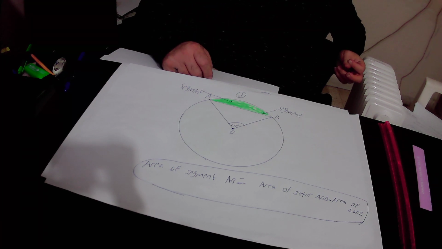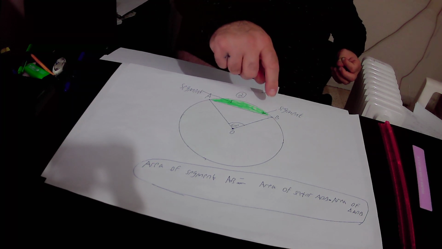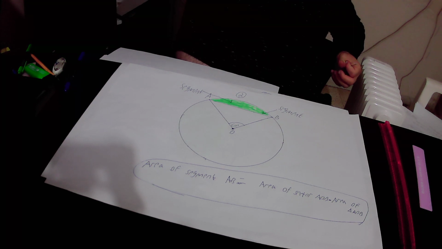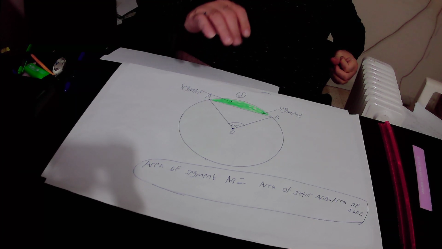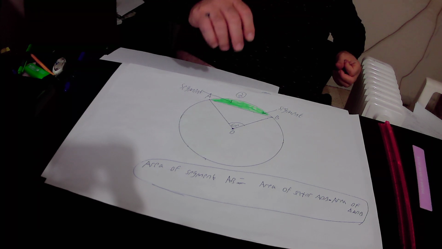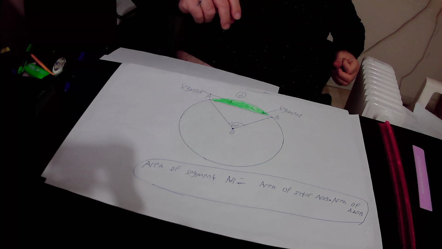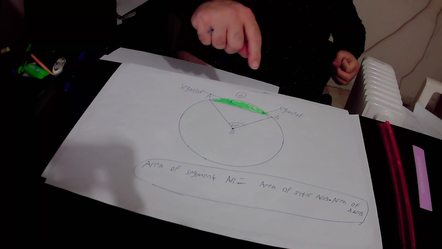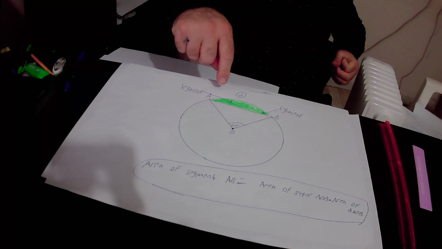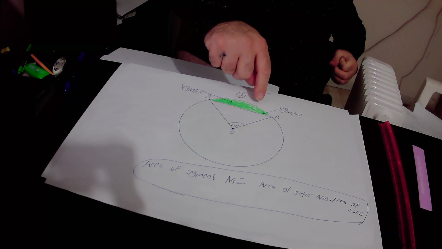And the formula for the area of a segment is equal to the area of sector AOB minus the area of triangle AOB. You can see easily that if you subtract from sector AOB the area of triangle AOB, you will get the segment AB. That is actually the area in the green shape.